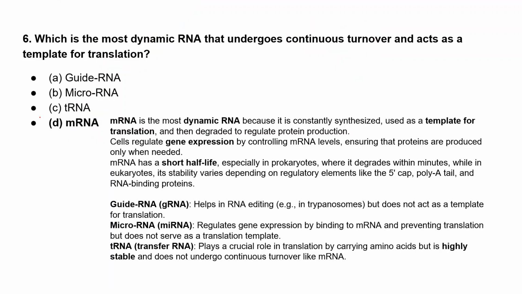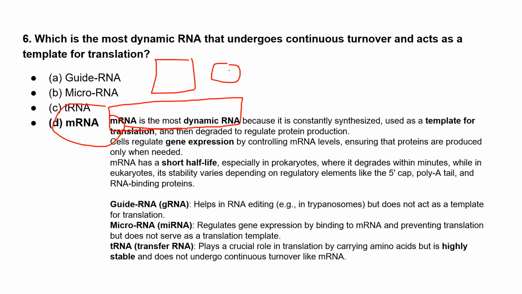So you are right. mRNA is the most dynamic RNA that undergoes continuous turnover and acts as a template for translation. It is constantly synthesized and used as a template for translation. What happens in the cell is, first there is DNA. Transcription takes place and it converts into RNA, and basically that type of RNA is mRNA.